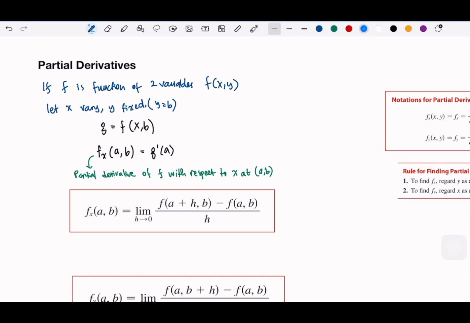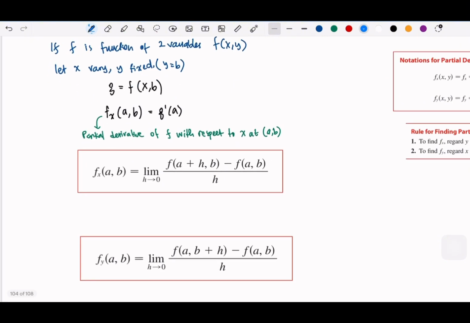So if you remember in calculus 1, we have limit definition, right, in the derivative. So now, to make sure that we know the partial derivative, and we have taken the approach for limit, if we have two variables, we can make one of the variables a constant, and that is how we define which one is which.